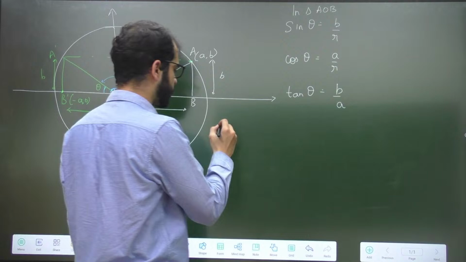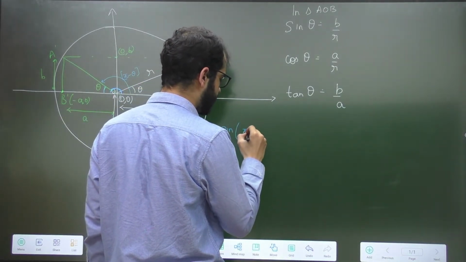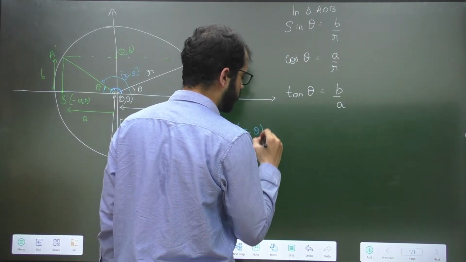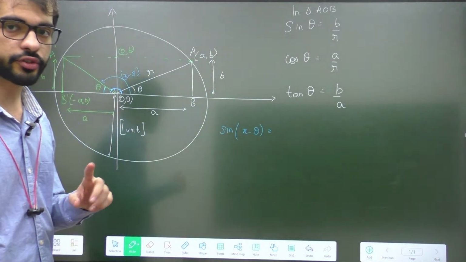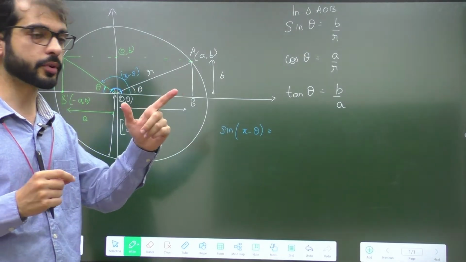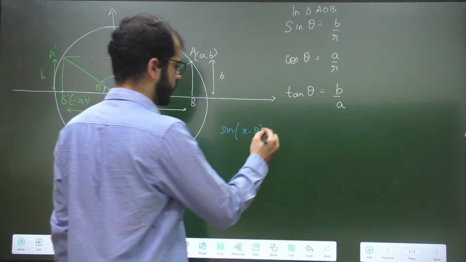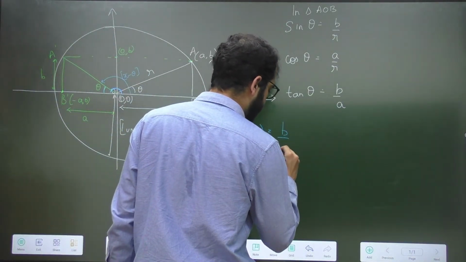Now let's talk about trigonometric ratios. In this case, we are going to say sine of the angle, that is pi minus theta, is equal to perpendicular upon hypotenuse. That was in the general case, but particularly it's called vertical component to hypotenuse. So the vertical component is going to be b and the hypotenuse is r. So I'm going to write b over here divided by r.